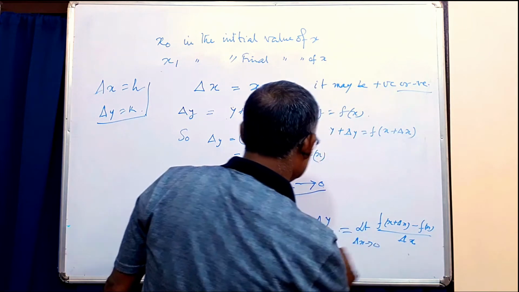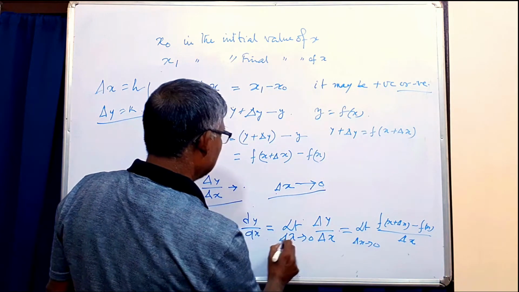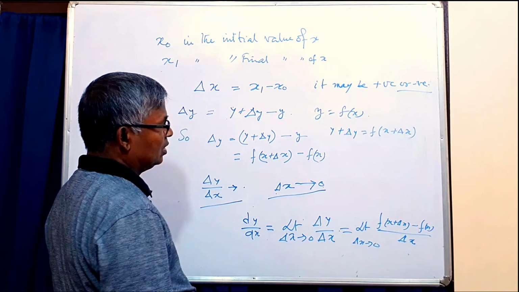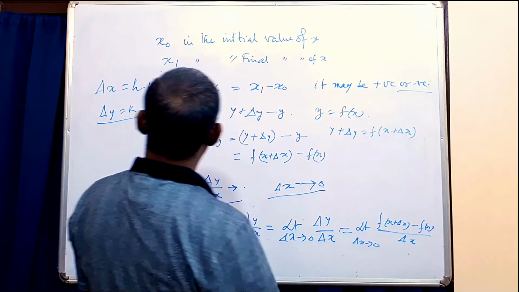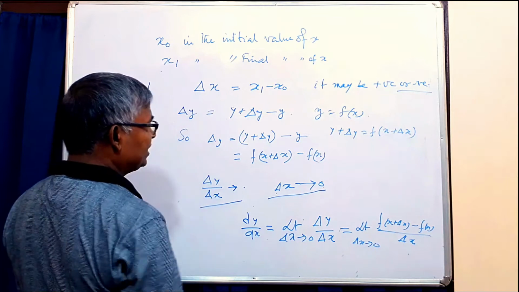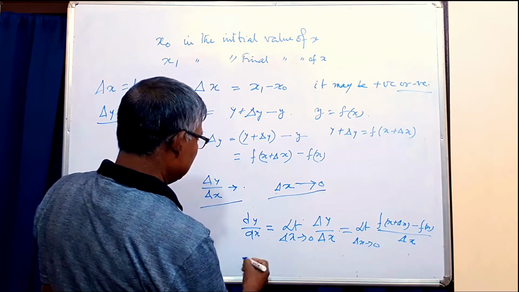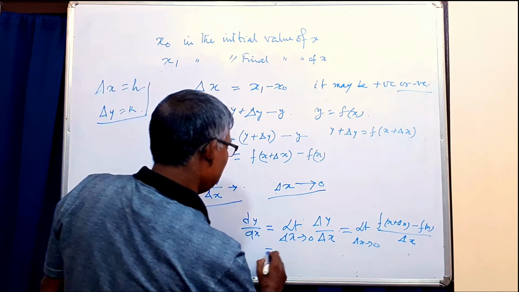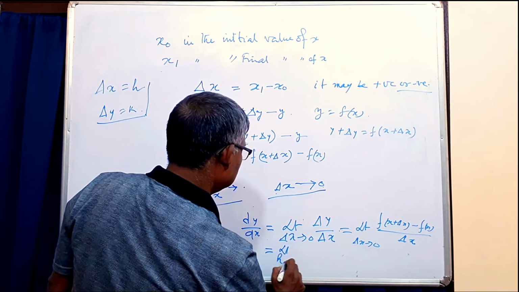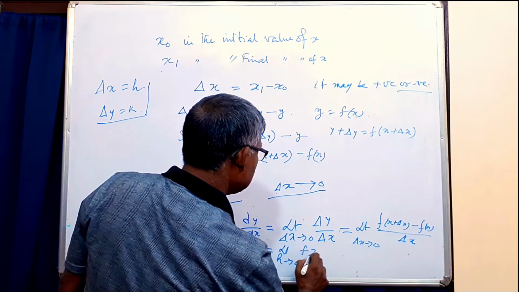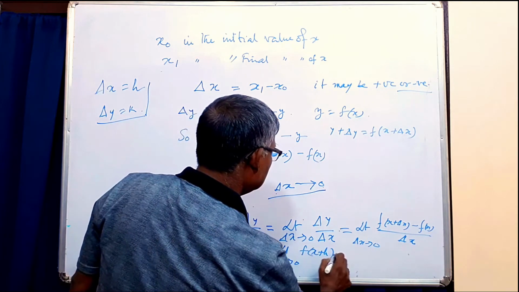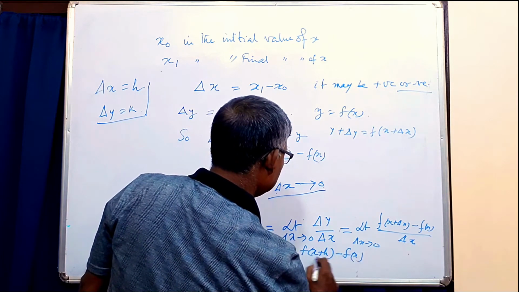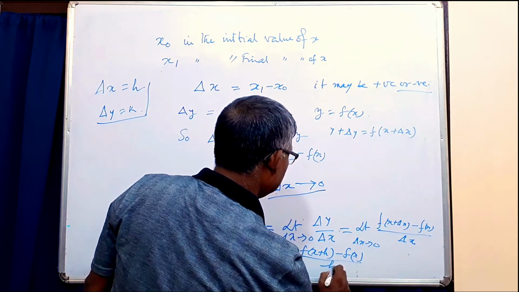If we put delta x equal to h, we get limit h tends to 0 of f(x plus h) minus f(x) by h.